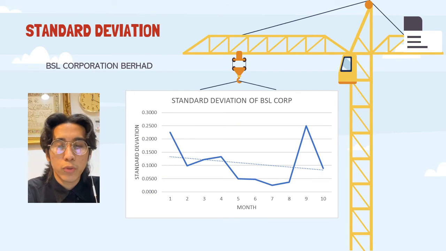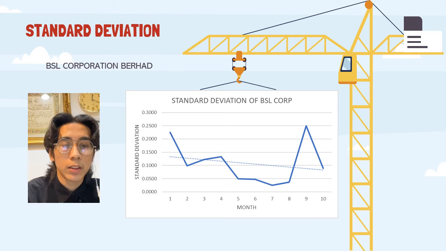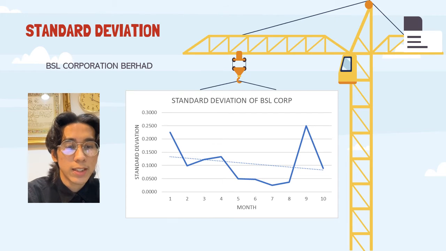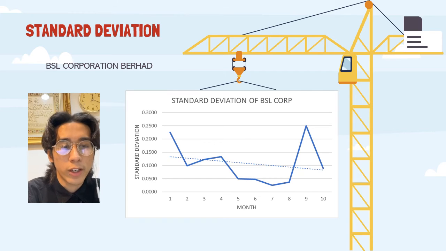Next, we move to the standard deviation for BSL Corporation Berhad. The graph above shows the standard deviation analysis for BSL Corporation Berhad starting January until October 2021. Based on my analysis, the standard deviation value for January is 0.2251.